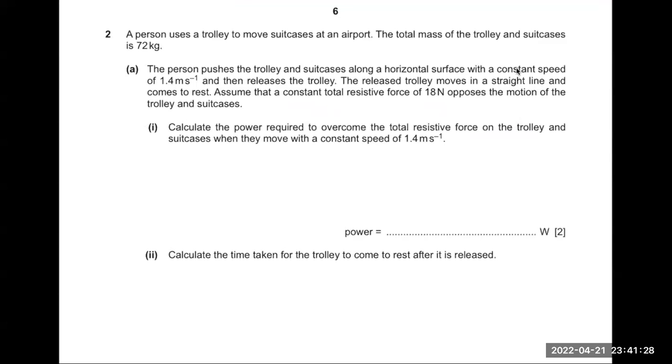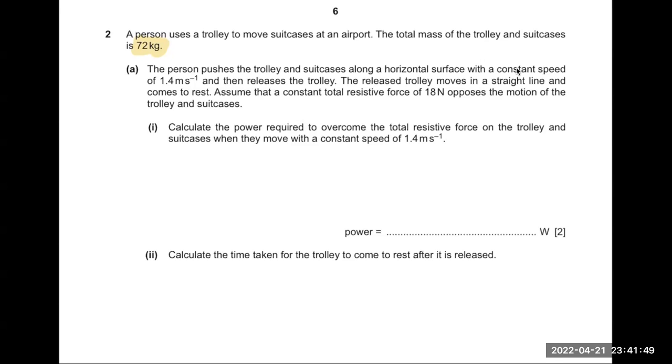Question 2 says a person uses a trolley to move suitcases at an airport. The total mass of the trolley and the suitcase is 72 kilograms. The person pushes the trolley and the suitcases along a horizontal surface with a constant speed of 1.4 meters per second, and then releases the trolley. The released trolley moves in a straight line and comes to rest.